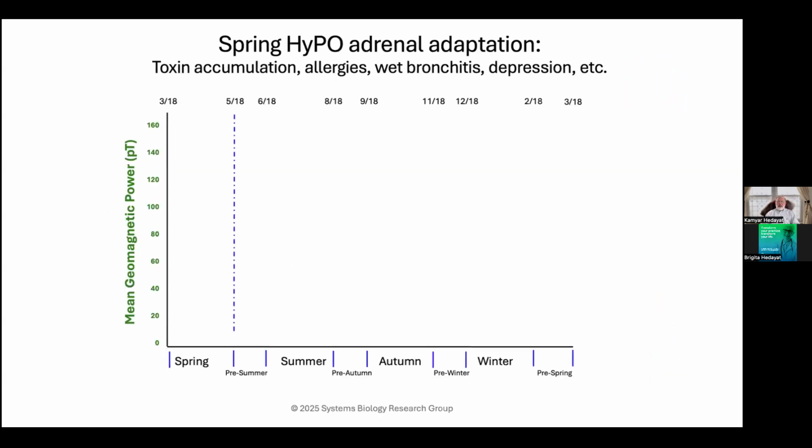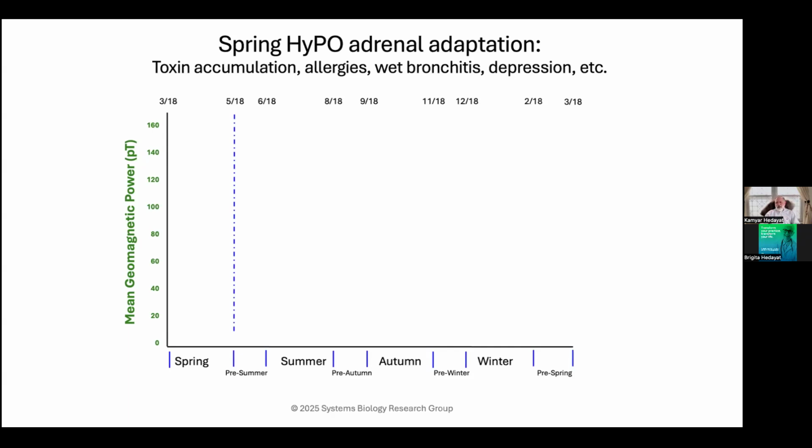So now let's look at something like spring hypoadaptation, where there's not enough of adrenal function. This is going to put people at risk of retaining these toxins that have accumulated or retoxifying certain organs as one organ releases toxins, but the liver or kidneys, for example, cannot accommodate them.